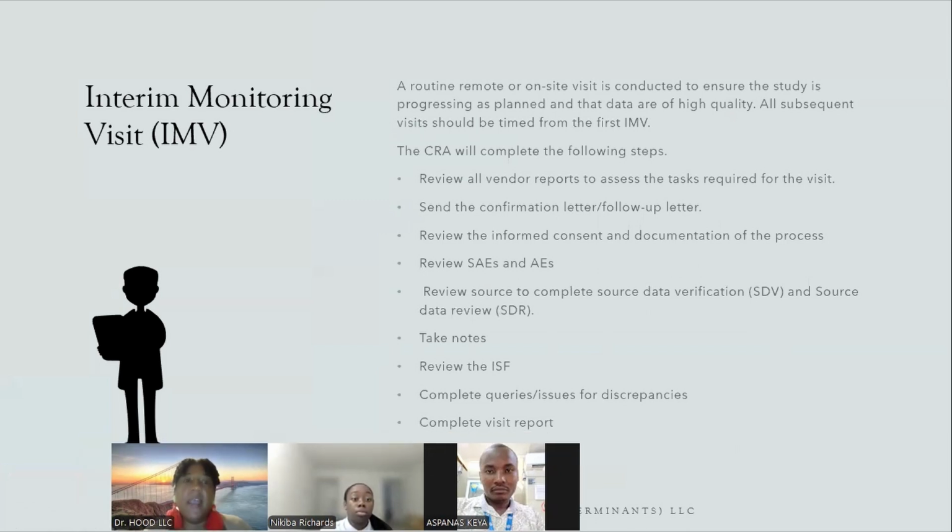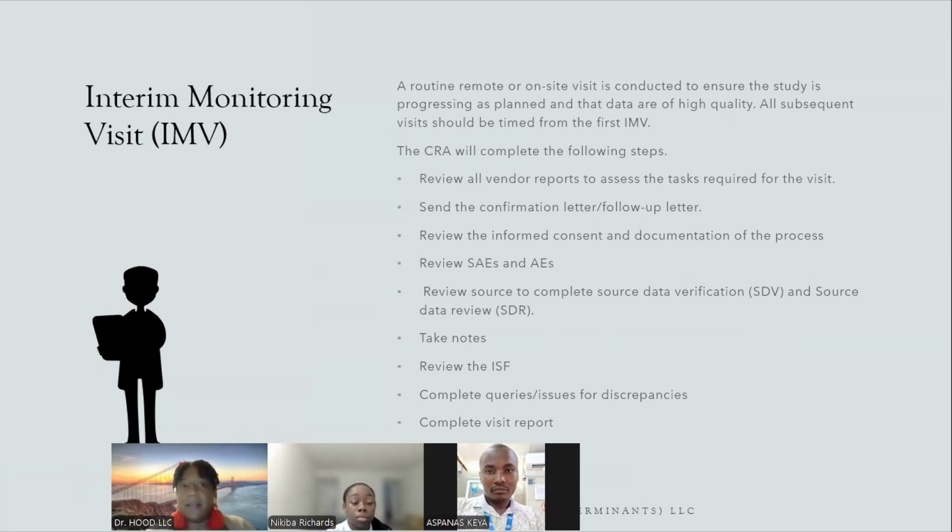Okay, so then we have the interim monitoring visits. Once that first patient is randomized, these are the routine, remote, or on-site visits conducted to ensure the study is progressing as planned and the data is of high quality. All subsequent visits should be timed from the first IMV, and this is very important.